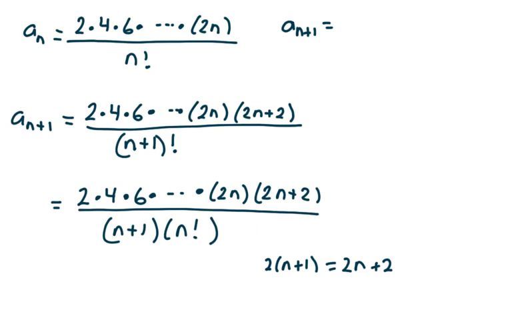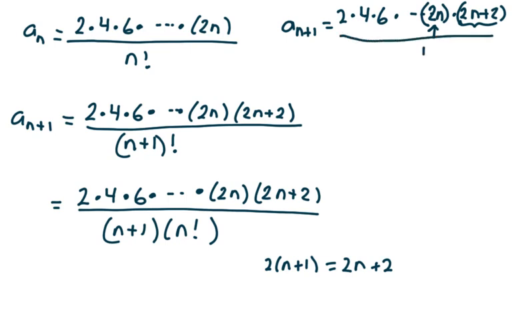So when you write these factors down, you get 2 times 4 times 6 times, again, you continue in that pattern till you get to 2n plus 2. So every factor is accounted for up to this value, but that means the one before it is there too. In other words, 2n is also included. And then we end up dividing by n plus 1 factorial. And that's what I end up with down here.